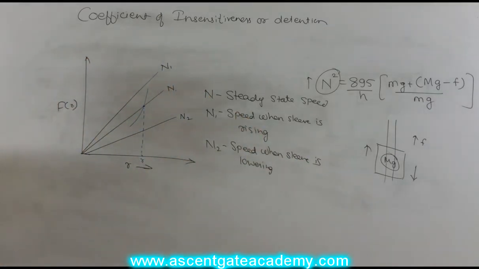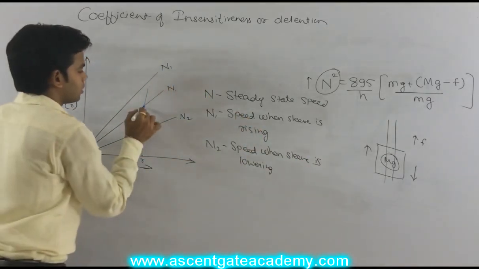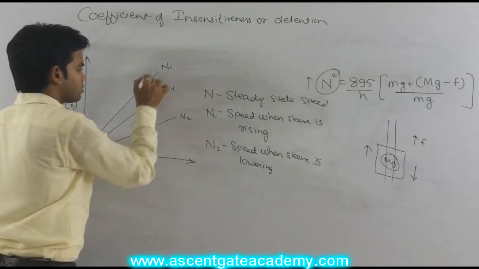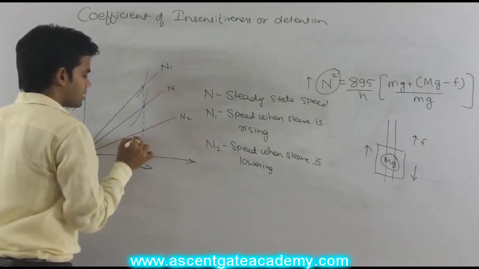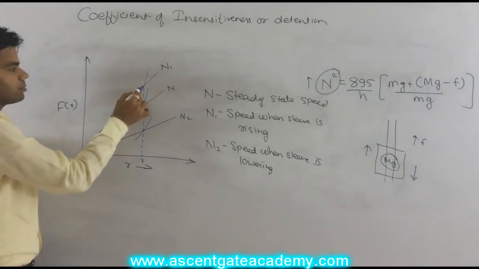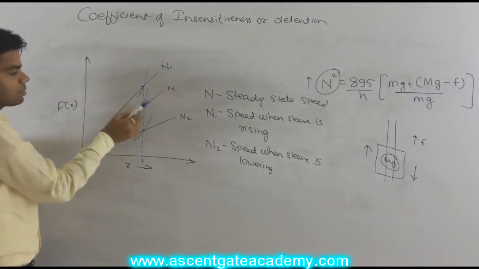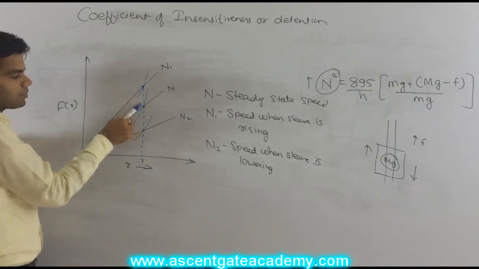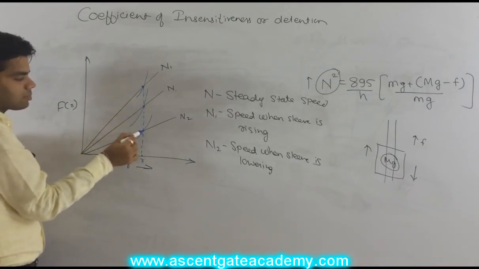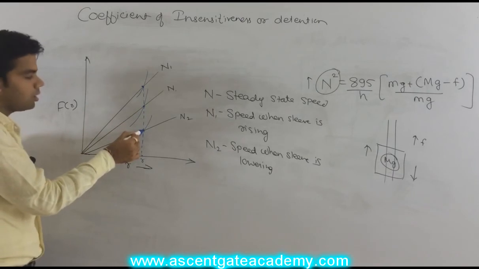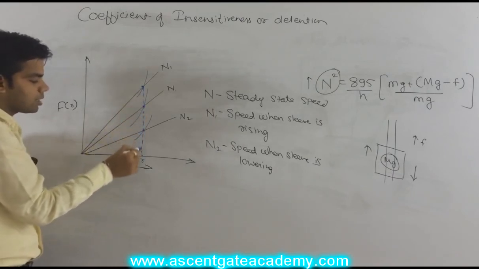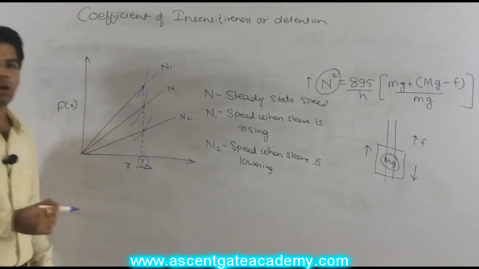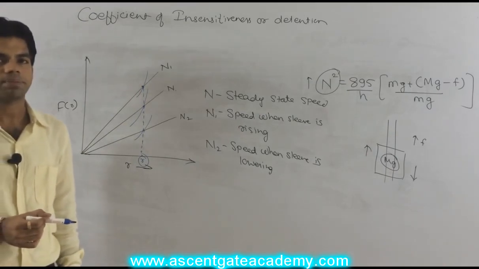Now you can find one important thing here, that at all these points the radius remains the same. At this particular point, if the speed is increasing, we are having the equilibrium speed at this point, and if it is decreasing, we are having the equilibrium speed at this particular point. At all these 3 points, the radius of rotation of the ball is the same.